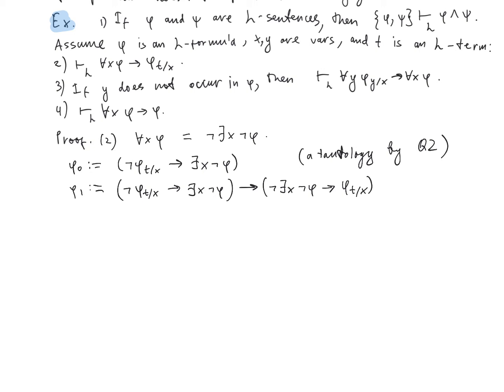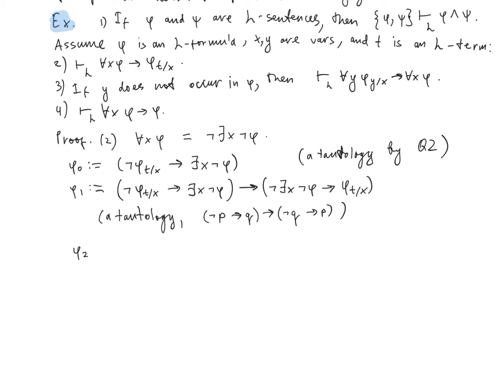This formula is a tautology because we can consider the propositional formula not p implies q, implies not q implies p, and we substitute the corresponding formulas in place of these propositional variables.